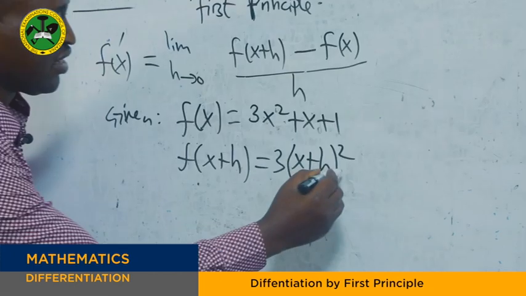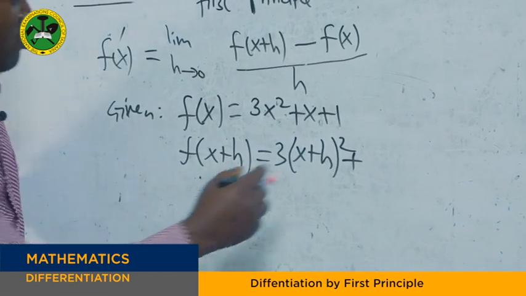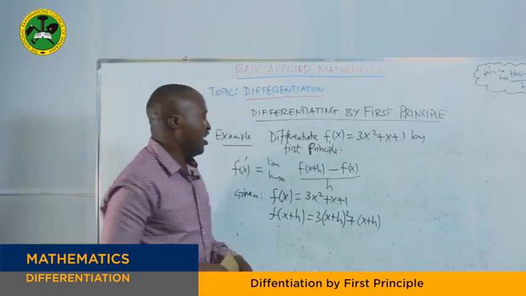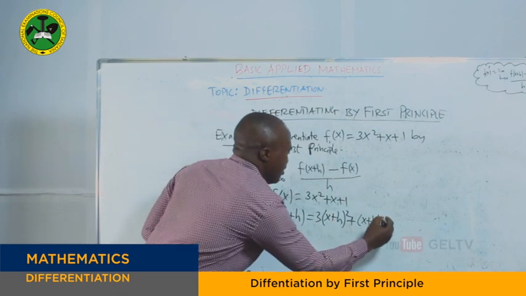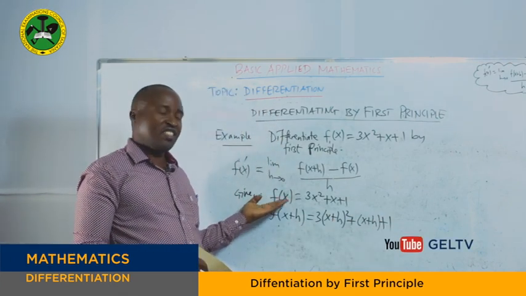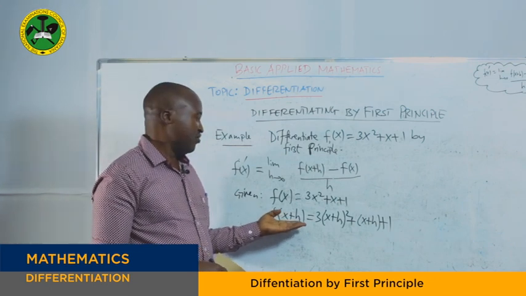But again, remember x, you just add x plus h. So here is x plus h. And the last one is plus 1. So now we have the given function, but again, f of x plus h.